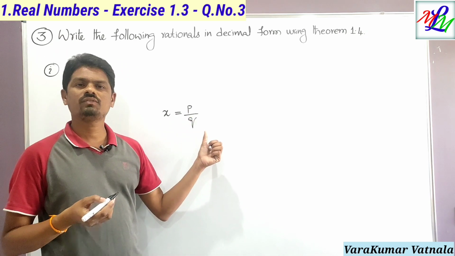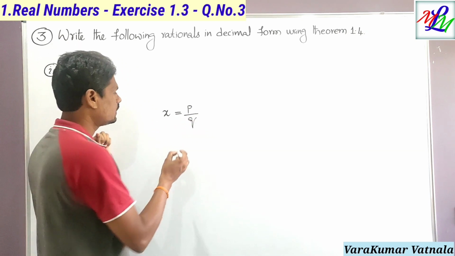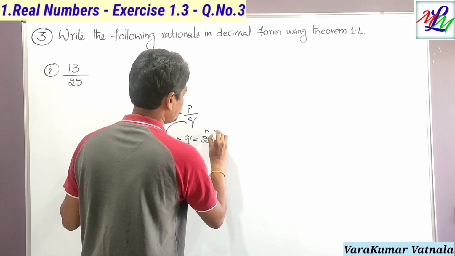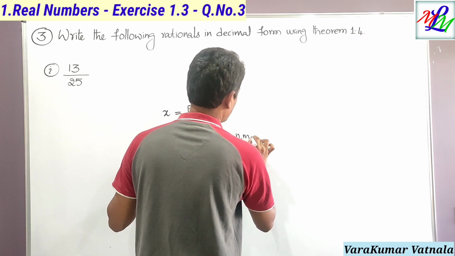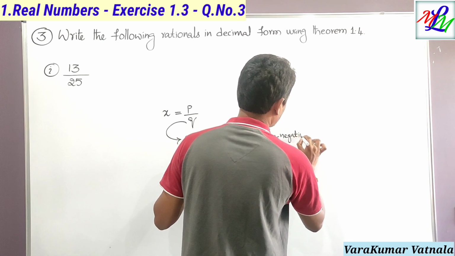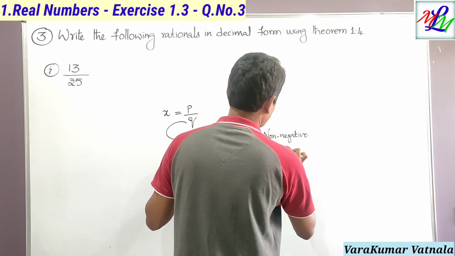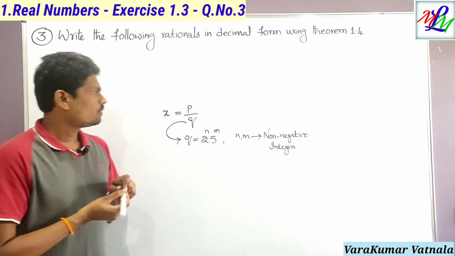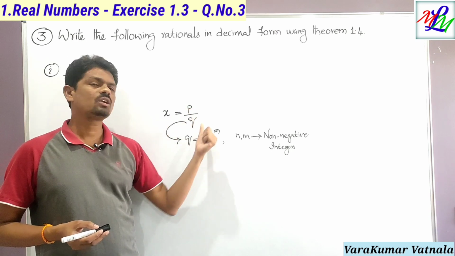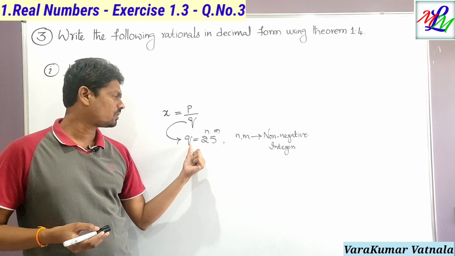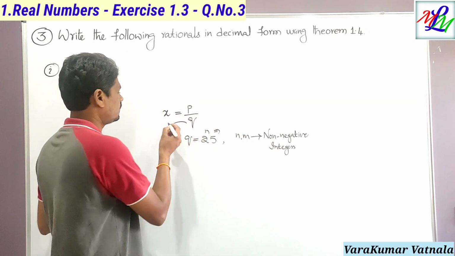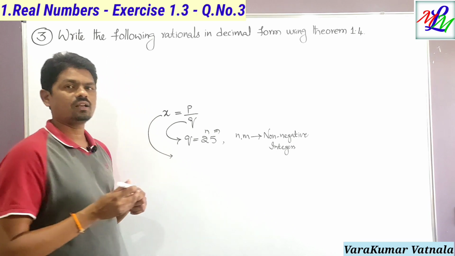If the prime factorization of q is in the form of 2 to the power n into 5 to the power m, where n, m are non-negative integers, then the decimal form of x is a terminating decimal.